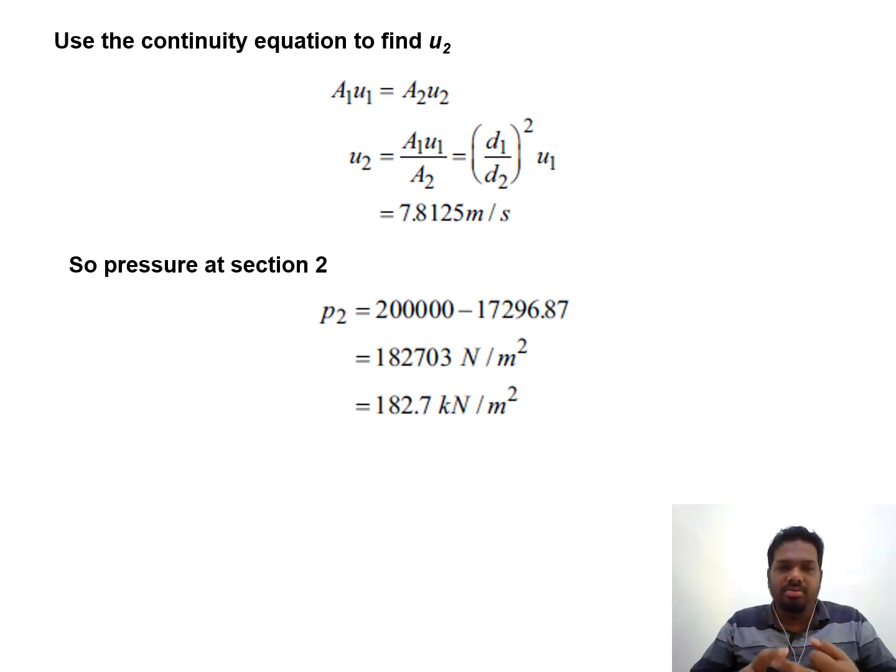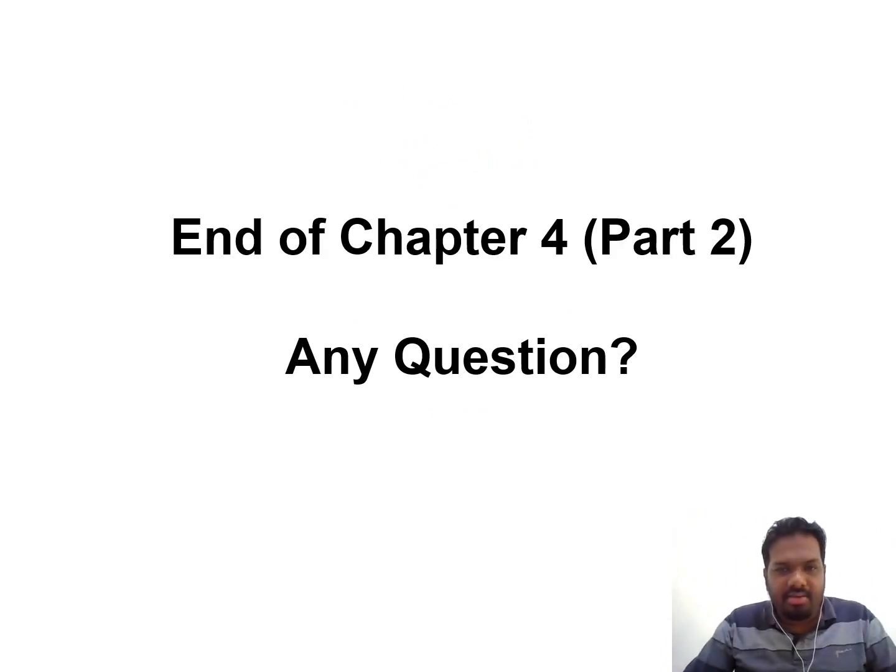You can also find them if z1 is not the same as z2. With that, we come to the end of chapter 4, part 2. You can answer the question given.